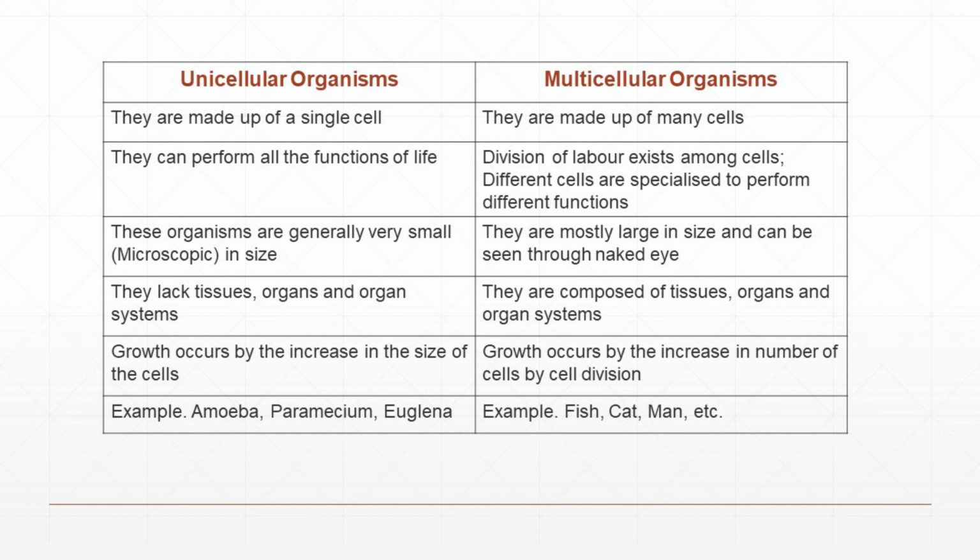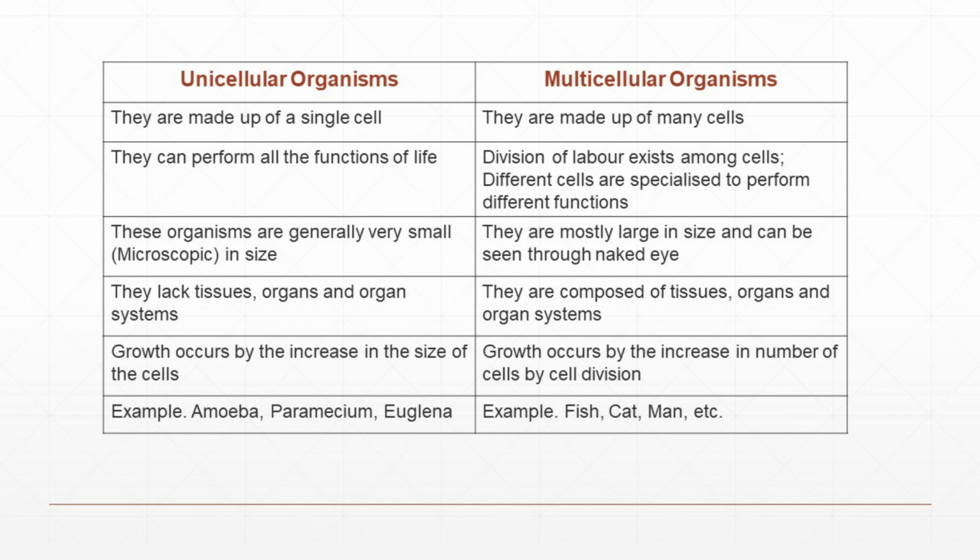Then unicellular organisms lack tissues, organs, and organ systems. But multicellular organisms are composed of tissues, organs, and organ systems.